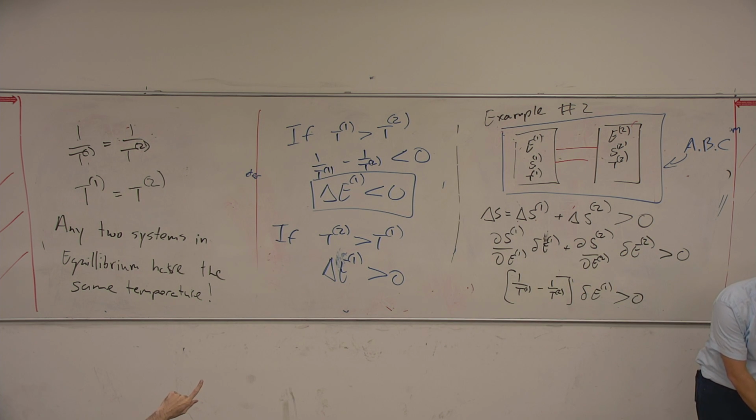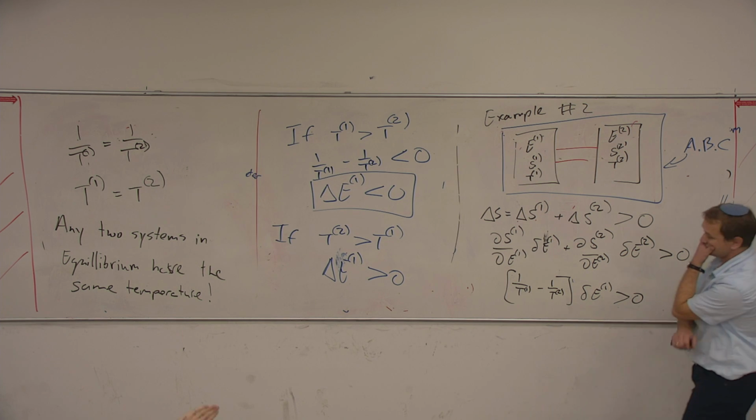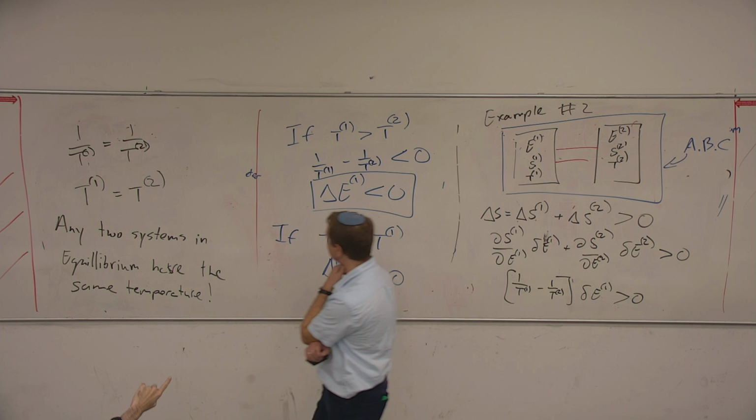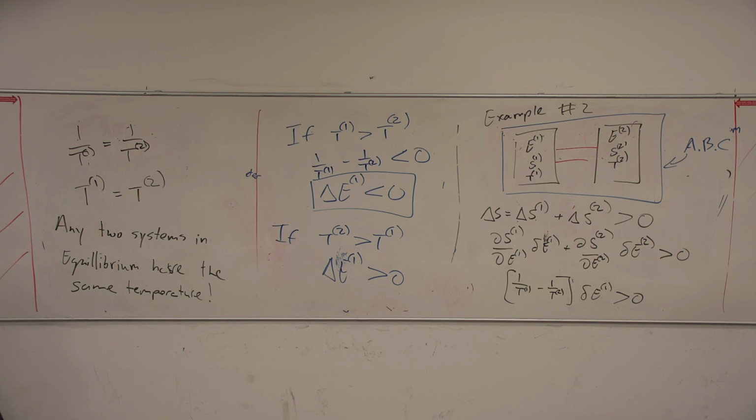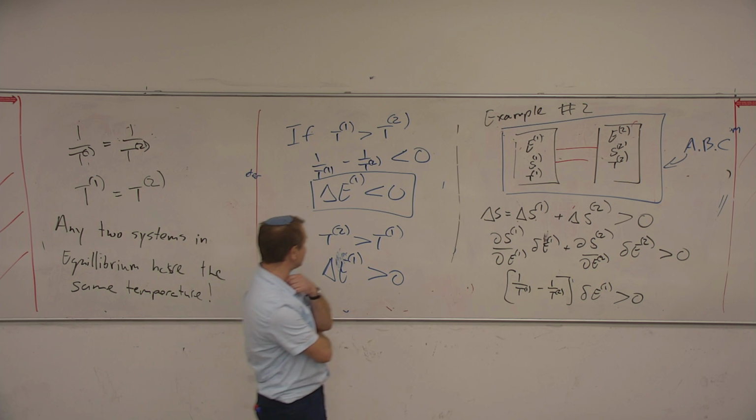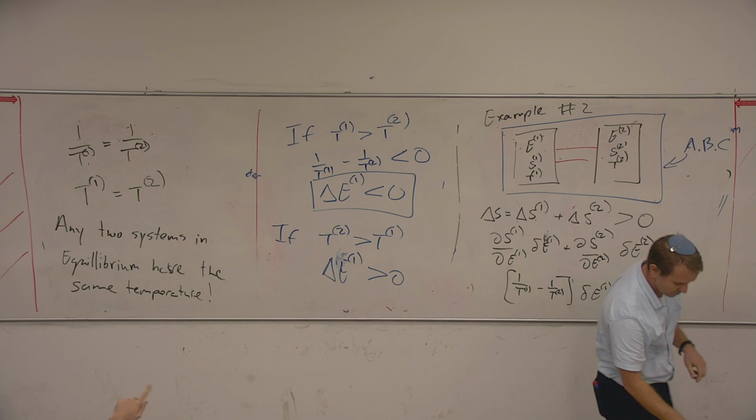May I ask a question? Sure. Is the delta E1 in the rightmost column the same as the triangle delta E1, or is the triangle delta the total?